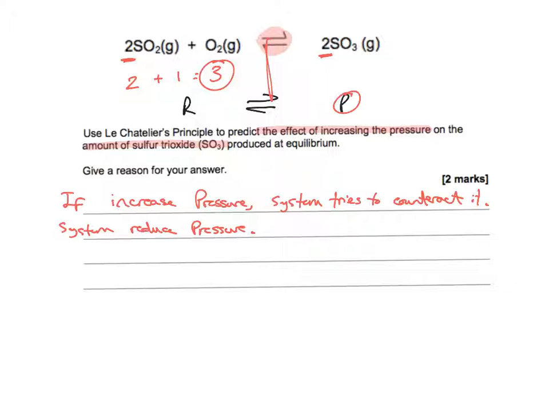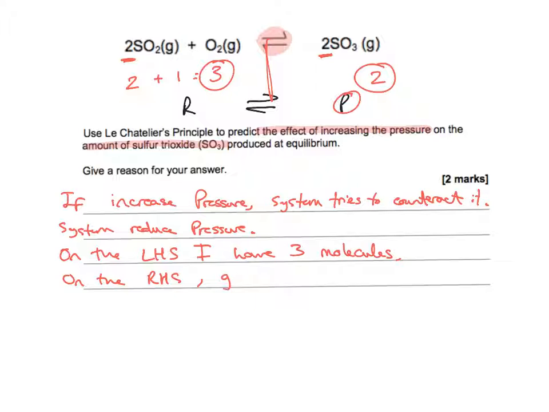On the right-hand side, I've only got 2 sulfur trioxides, so 2 molecules. So if you increase the pressure, it's going to feel a lot worse on the left-hand side because you've got more molecules there.